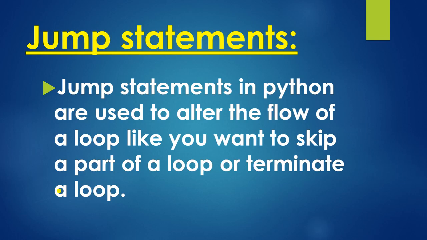Looping allows a user to repeat a task efficiently. But in some situations, when a particular condition occurs, the user wants to exit a loop or skip some statements of the loop and continue further. These requirements can be handled by jump statements, and there are three of them: break, continue and pass.